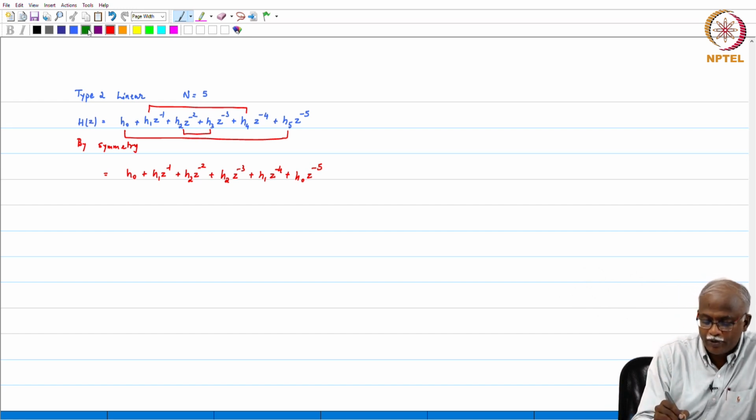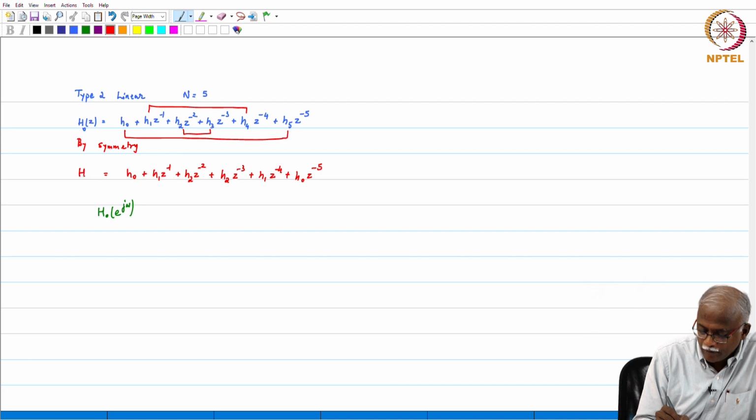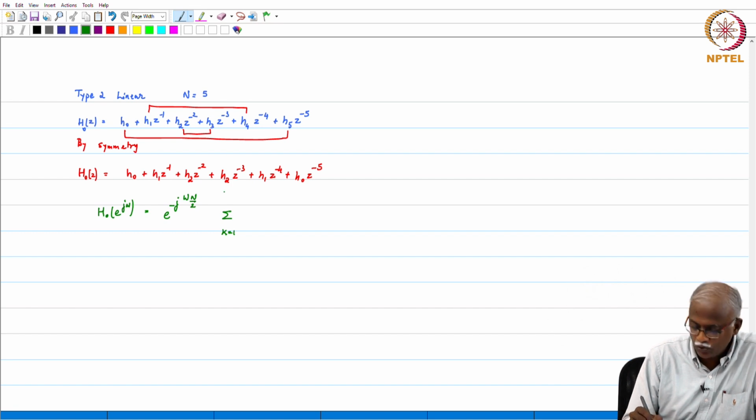Because of the symmetry, if you write down the Fourier transform and express it, the frequency response H of e to the j omega, with the symmetry condition, can be shown to be of the form e power minus j omega n by 2 times the summation k equal to 1 through n plus 1 divided by 2 of b subscript k cosine of omega times k minus 1/2.